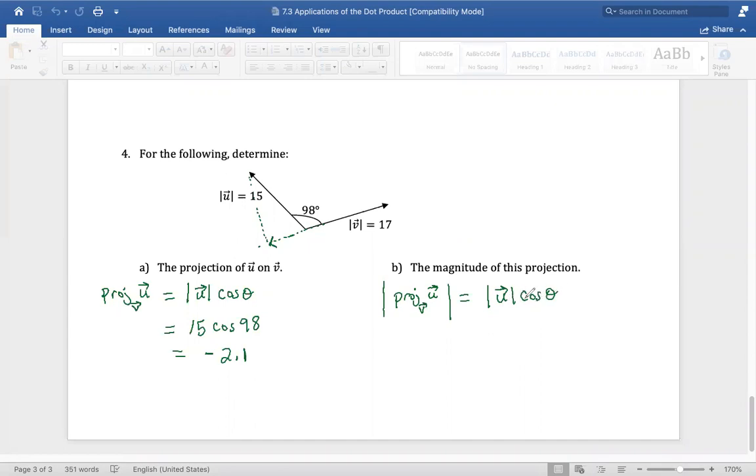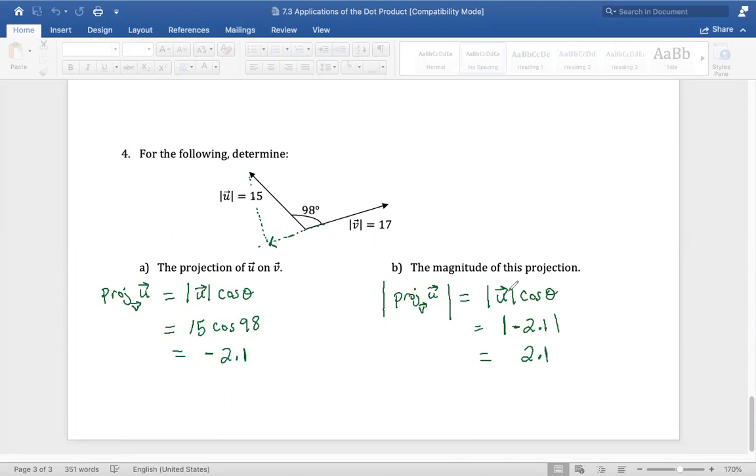Well, I already have that value here as negative 2.1. So that would be the absolute value of negative 2.1, but that's going to be a positive answer, right? Which is going to be 2.1.